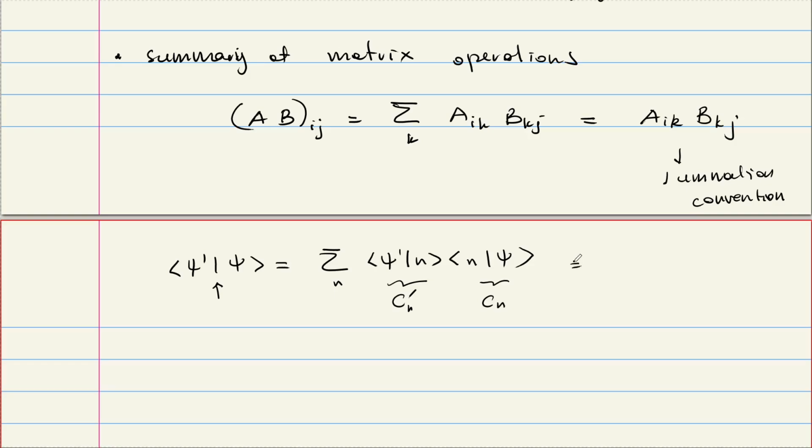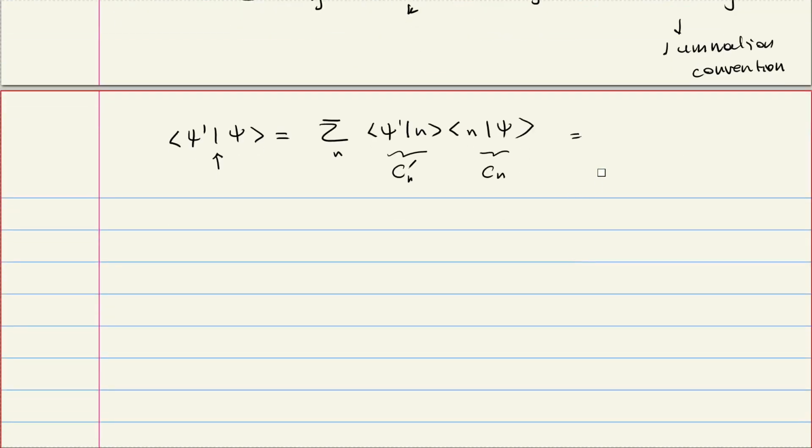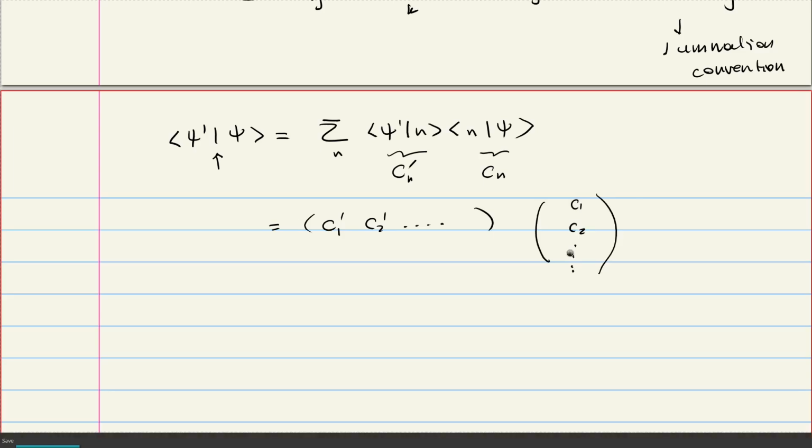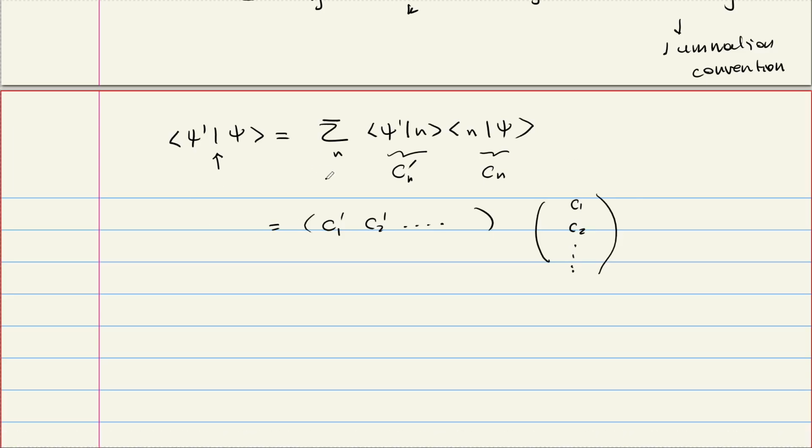We can think about this operation as a row vector times a column vector, like this is c1 prime, c2 prime, dot dot dot, multiplying c1, c2, dot dot dot. Yes, yes, you are right. So this is star. Thank you.